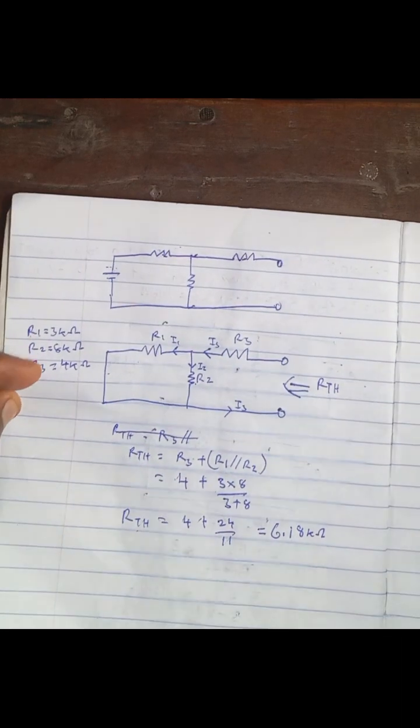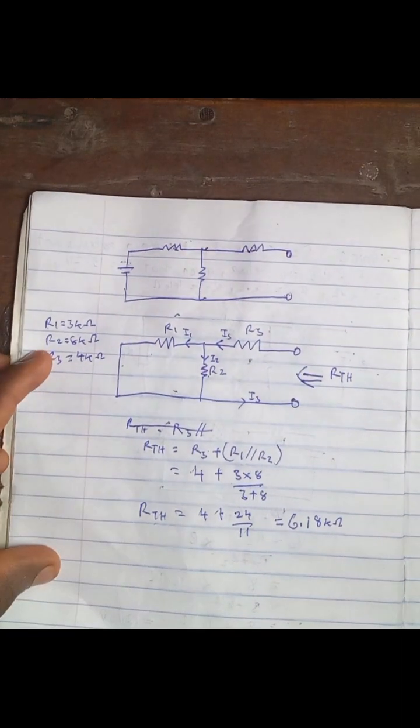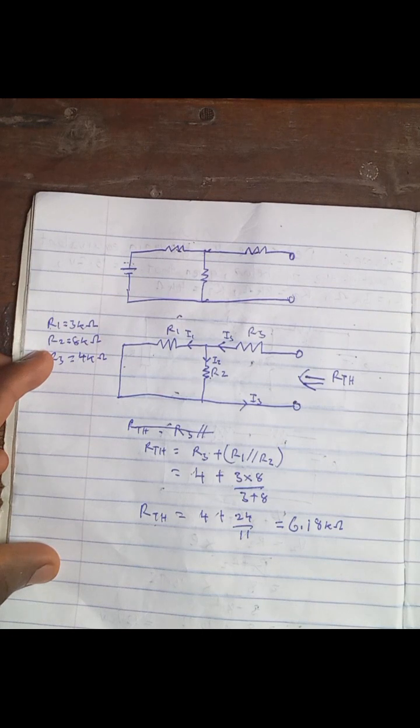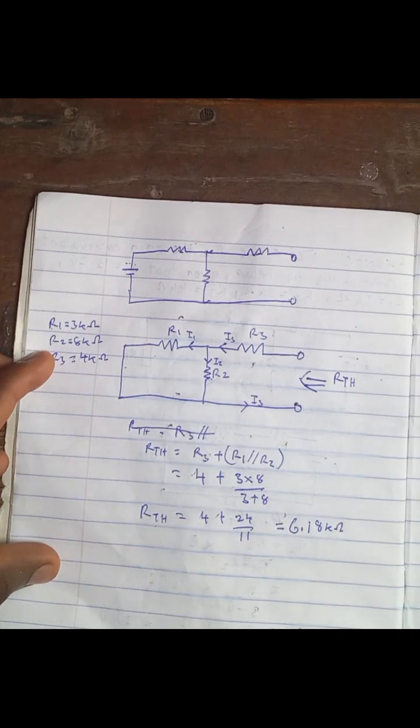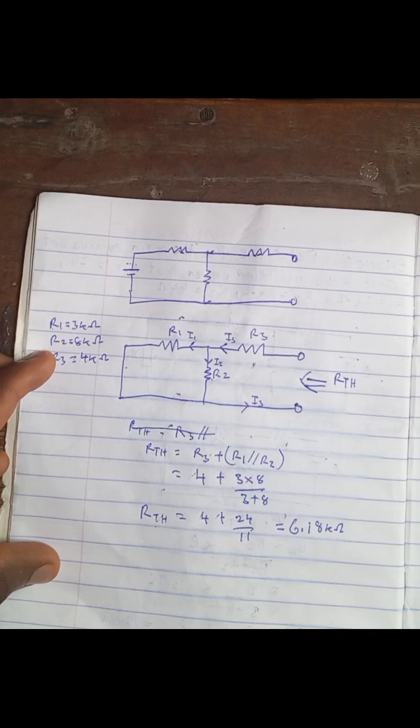So in drawing the Thevenin equivalent circuit, we have now represented these resistances by a single resistor, and we have represented the voltage source by a single voltage source called the VTH.